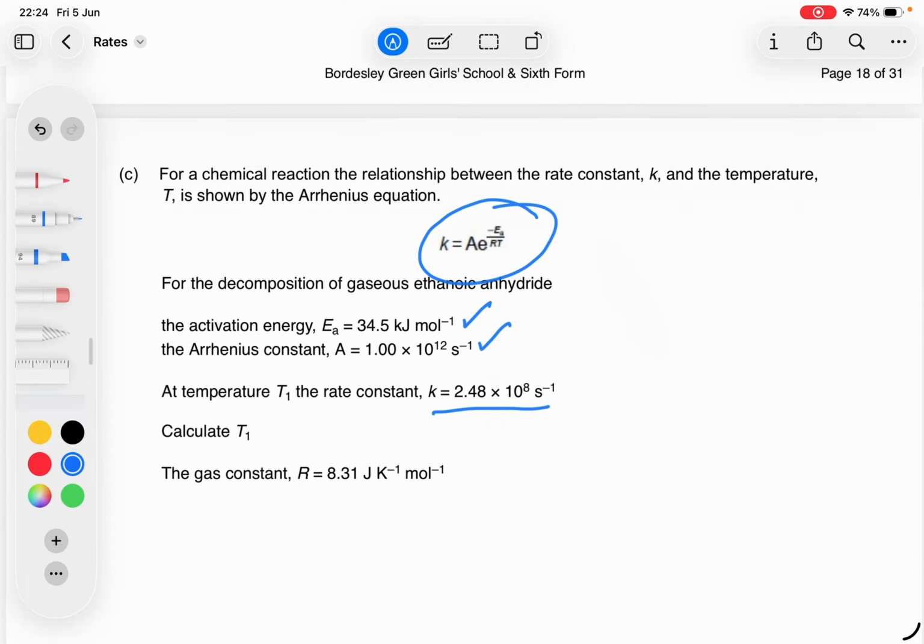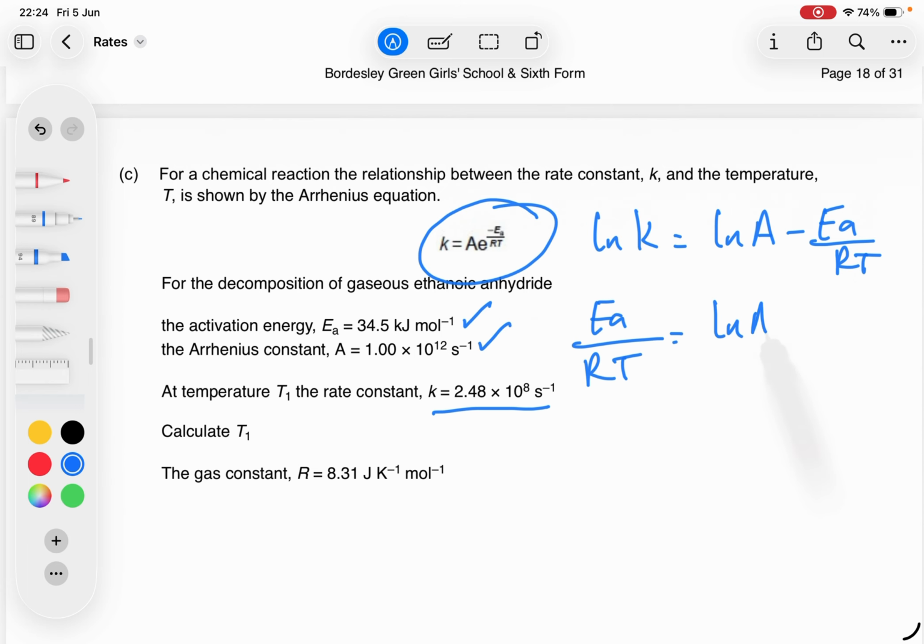So what I would do now is convert this equation like this, and rearrange like this. Take the minus term across like that. Then T equals Ea over R times (natural log of A minus natural log of k).